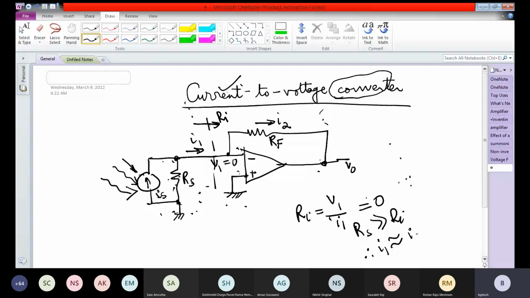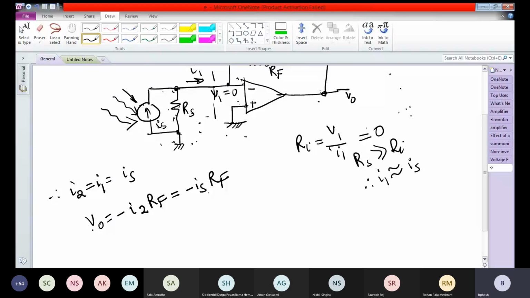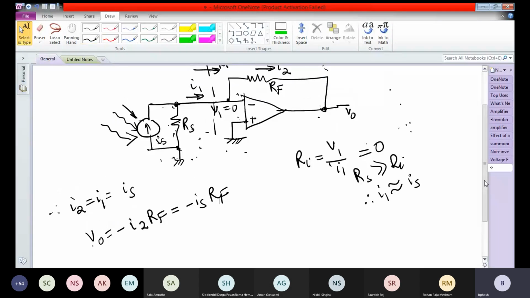Then we can write that I2 equal to I1 equal to IS, and V0 is nothing but minus I2 RF, that is equal to minus IS RF.